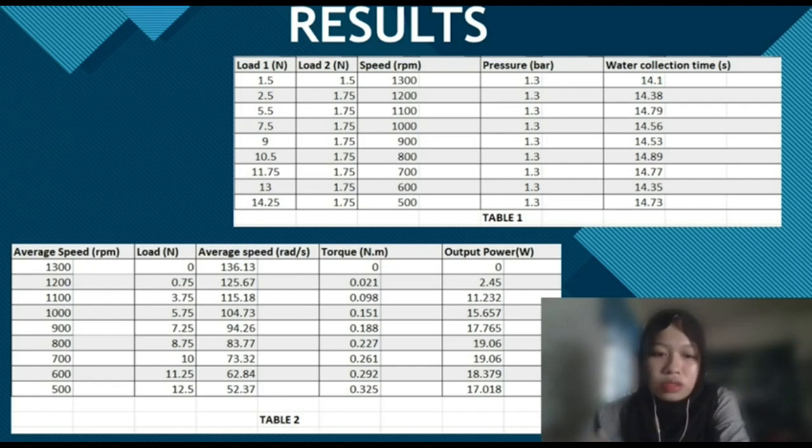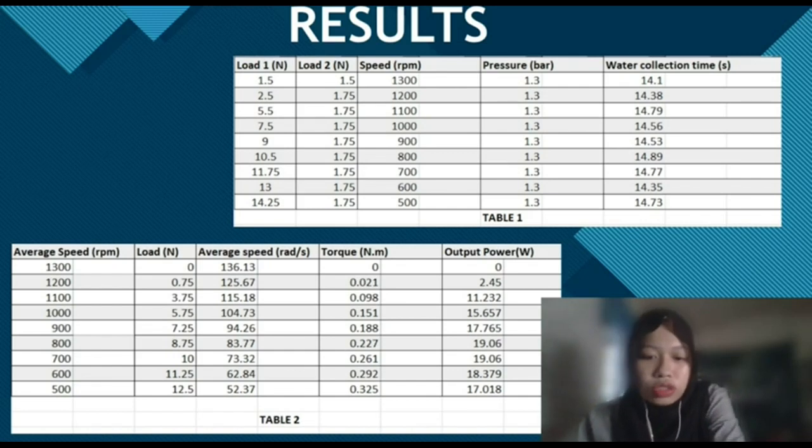For average speed we start with 136.13 and the last one is 52.37. For the torque, the first one is 0 and the last one is 0.325, and for output power we also got 0 for the first value, and then the next values.